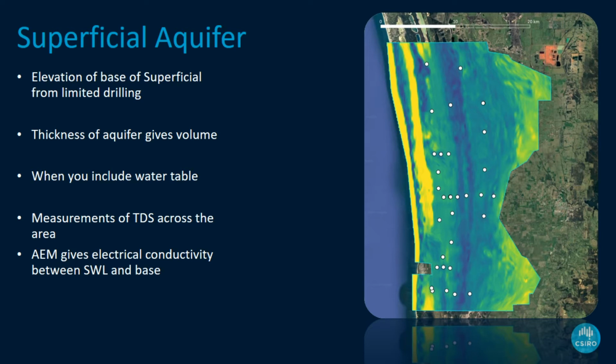There were a number of boreholes that are in the registry that have measurement of the total dissolved solids across the area. Remember, it's a sort of a transient aquifer that people use when they can. So I used the electrical connectivity from the Airborne EM to give me some guidance in that.